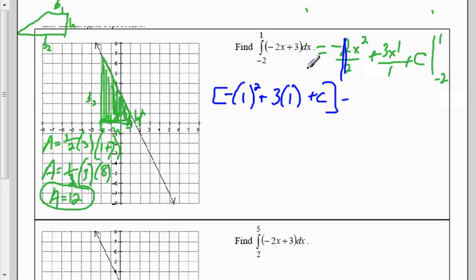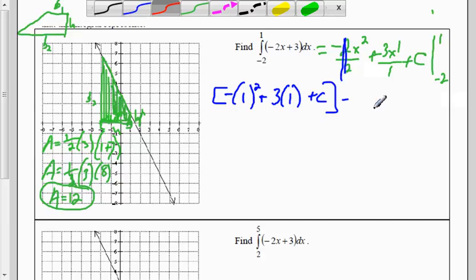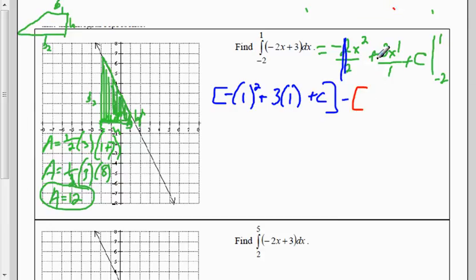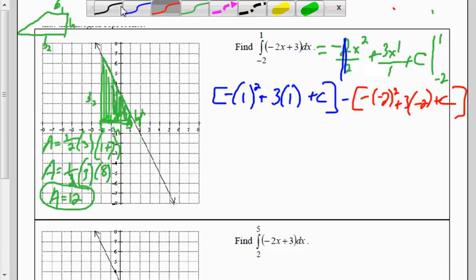And then we're going to subtract. When I subtract, we put a negative 2 in here. So I'm going to get the opposite, because don't forget that negative sign there. Negative, negative 2 all squared plus 3 times negative 2 plus c. And I'm going to see what happens to the c values in a second.